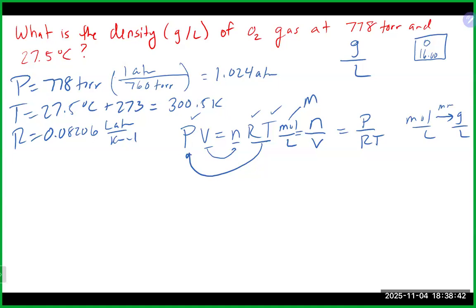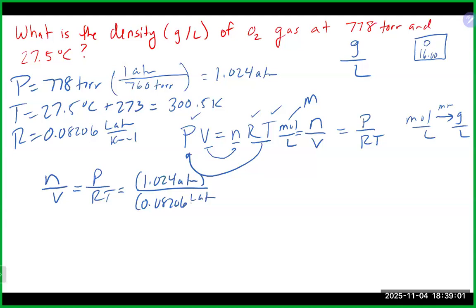I can use the molar mass to finish it. So again, I could use the ideal gas law here a little creatively. N over V gives me P over RT. If we put that in there, our pressure was 1.024 atmospheres, our R is 0.08206 liters atmosphere per Kelvin mole, and our temperature is 300.5 Kelvin. Once again, atmosphere is going to cancel, Kelvin is going to cancel.